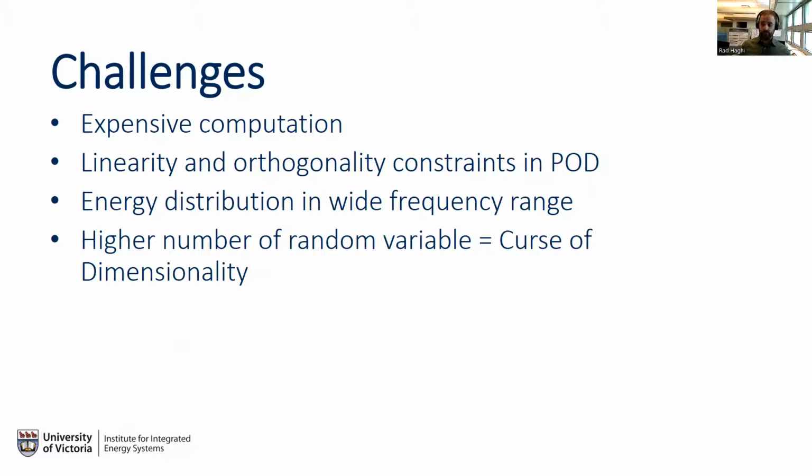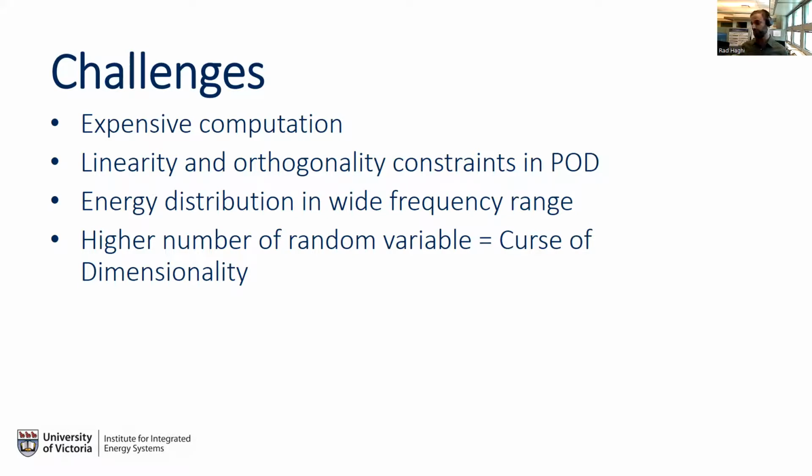Another reason that we have this challenge is this constraint of linearity and orthogonality in proper orthogonal decomposition. What it means is that the modes in POD, or proper orthogonal decomposition, are orthogonal to each other, and the linear combination of them is going to give you the actual signal.